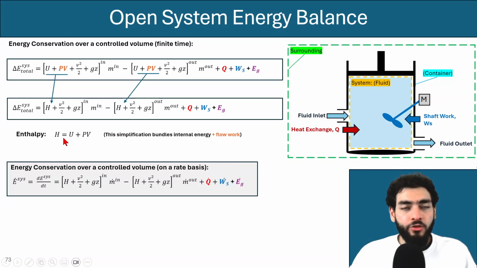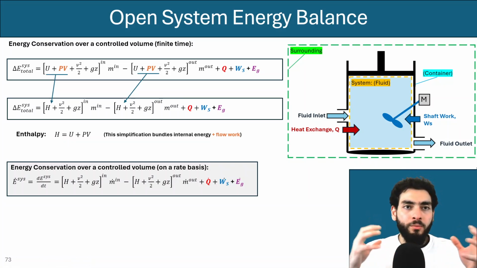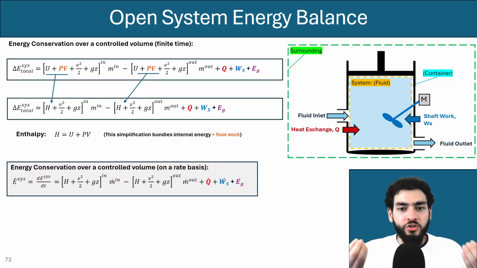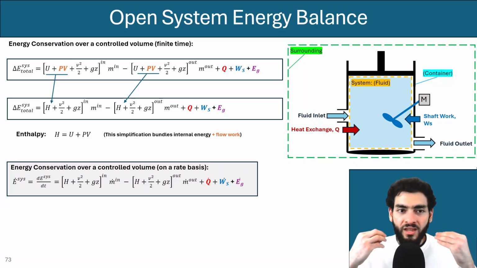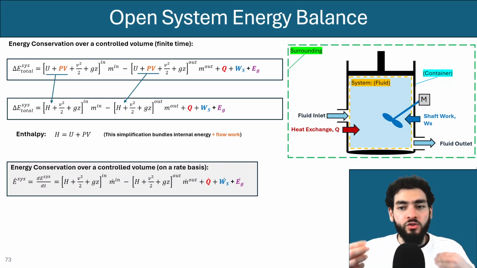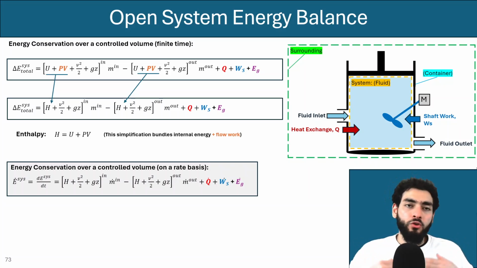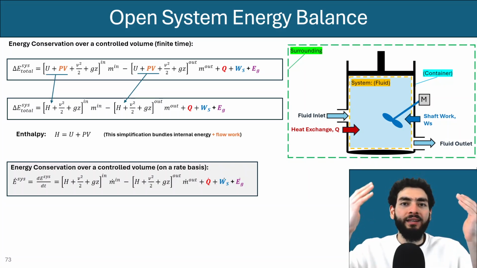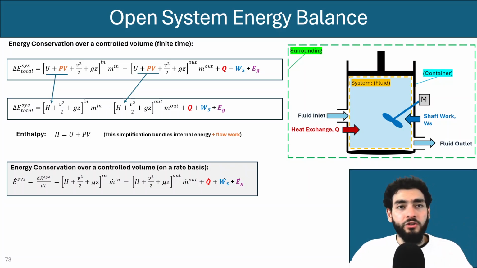And this enthalpy, you'd study it a lot more in thermodynamics, but there are so many definitions that you can come across to describe enthalpy, one of which is that it represents the heat content of a fluid. And in order to find the enthalpy of fluids, you'd find tabulated charts and correlations that you could use.